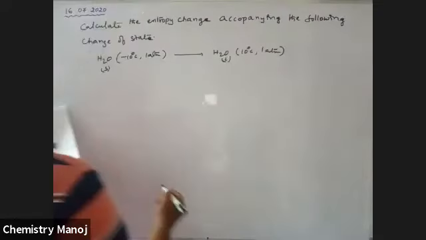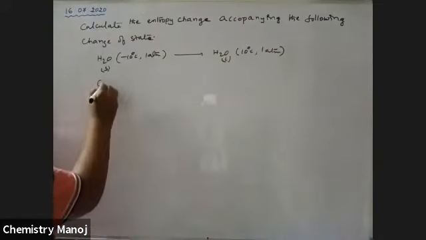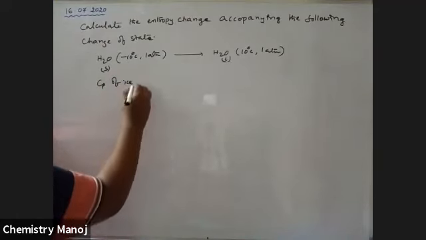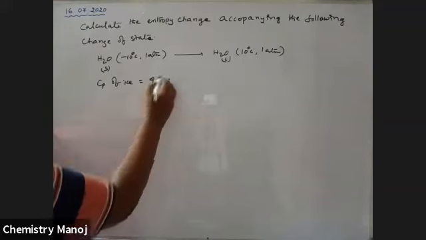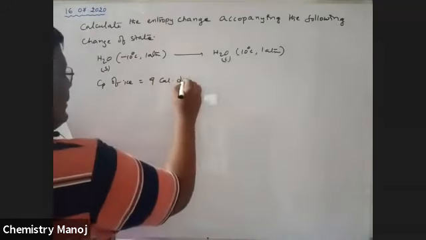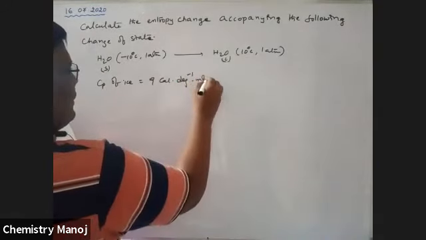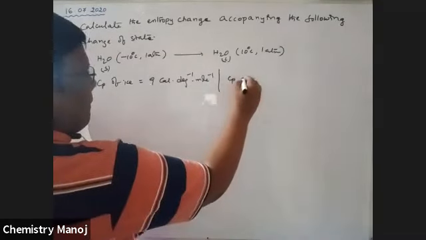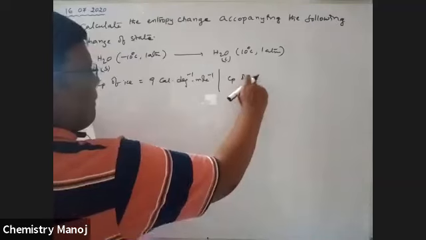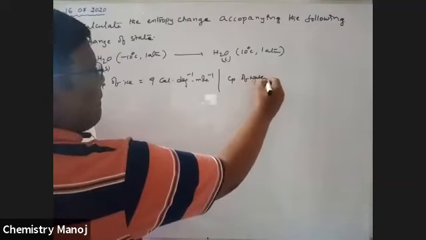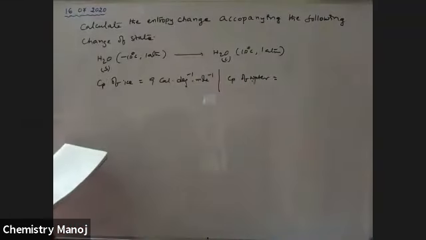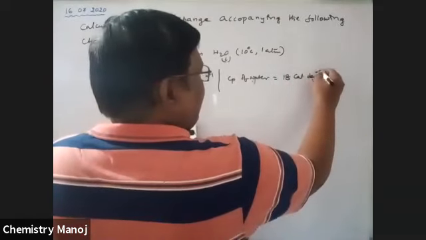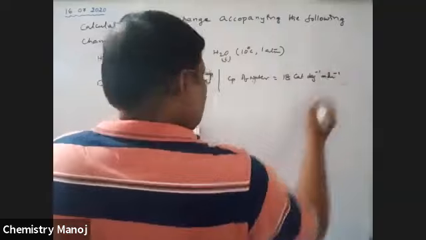And here, Cp of ice is equal to 9 calorie degree inverse mole inverse. Cp of water is equal to 18 calorie degree inverse mole inverse.